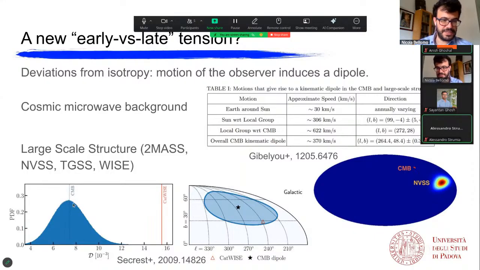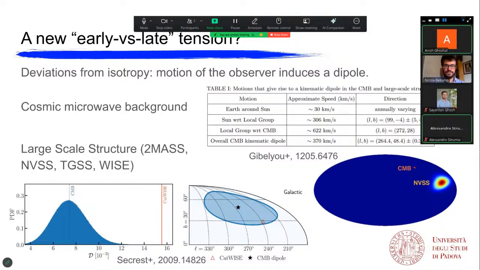Here you see what's the value for the CMB and where the measured values are, for instance, with quasars. Now, there's no reason why that should be the case. So what can we do to resolve this issue?